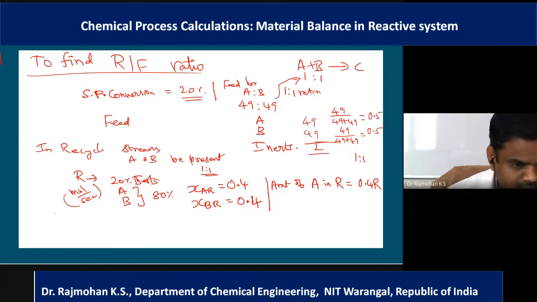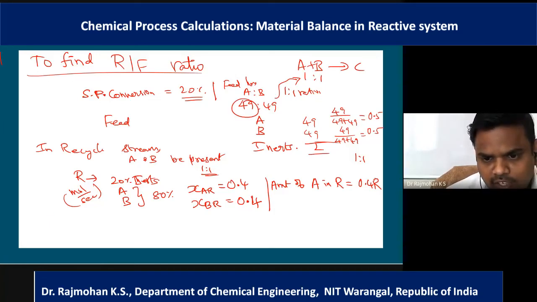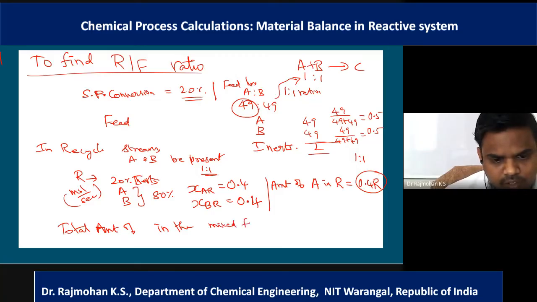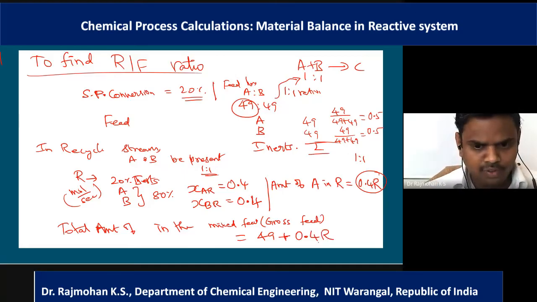The amount of A in the fresh feed is 49 moles, and in R it is 0.4 R. Therefore, the total amount of A in the mixed feed, what you call the gross feed, is 49 plus 0.4 R.